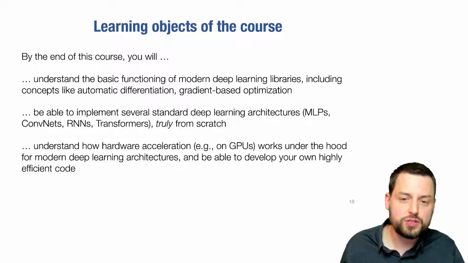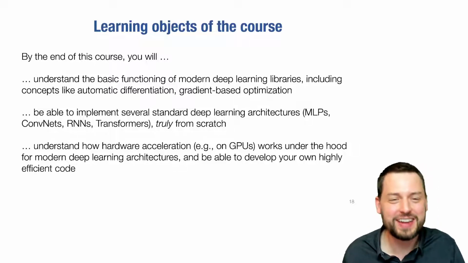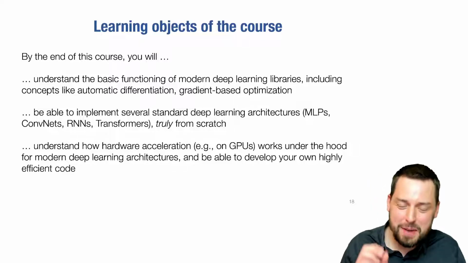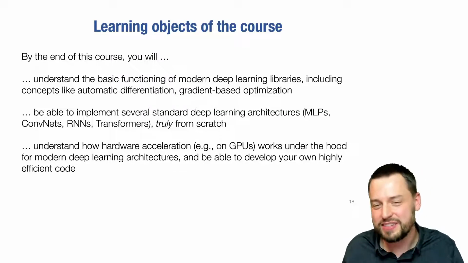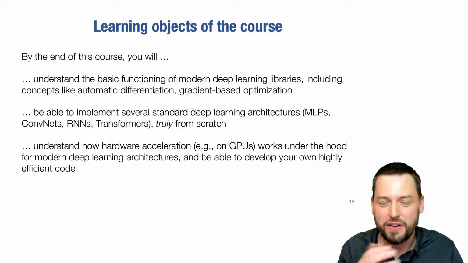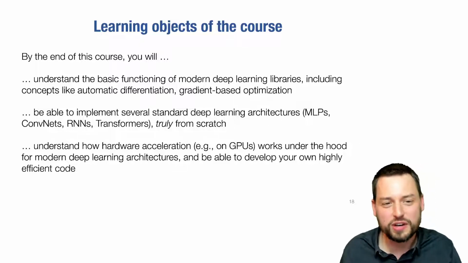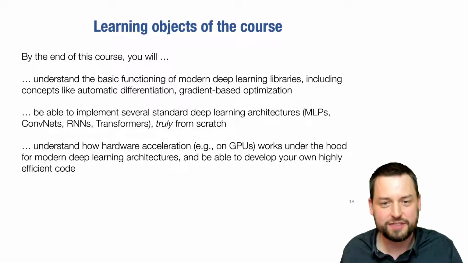You will be able to implement from scratch, without PyTorch or TensorFlow behind you, just from raw Python, several standard deep learning architectures, things like MLPs, ConvNets, RNNs, LSTMs, and transformers. And you will also understand and implement how hardware acceleration works under the hood and be able to develop your own highly efficient code.